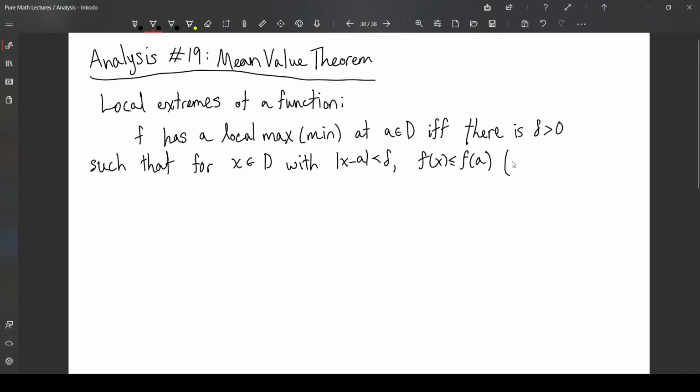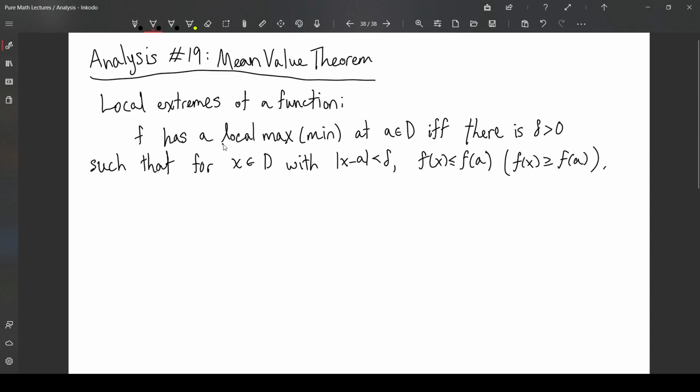Or, in the case of the minimum, we would have f of x greater than or equal to f of A. So for the max the inequality sign goes one way, and for the minimum it goes the other way. This should be fairly intuitive.